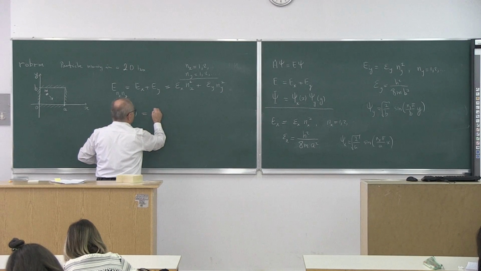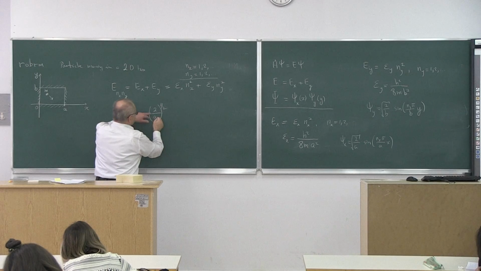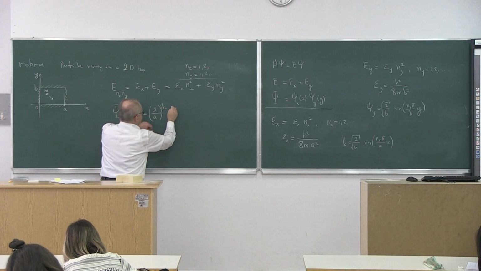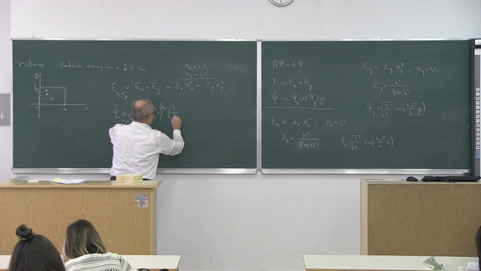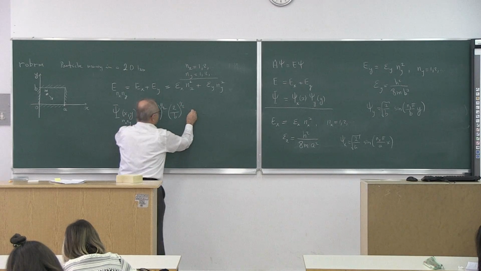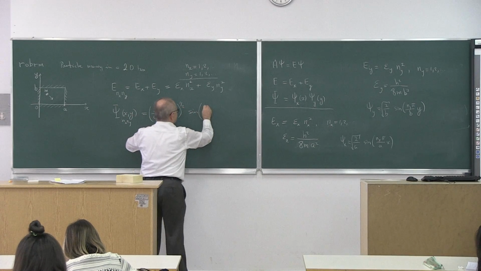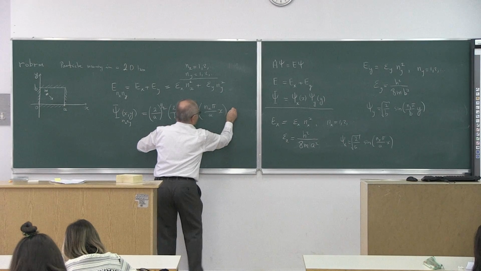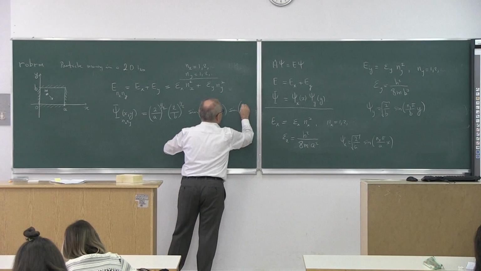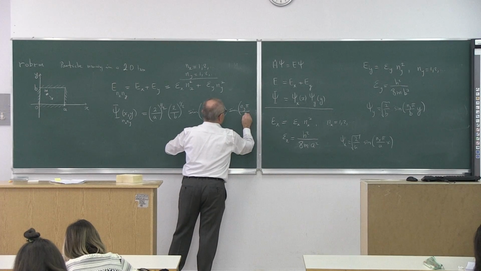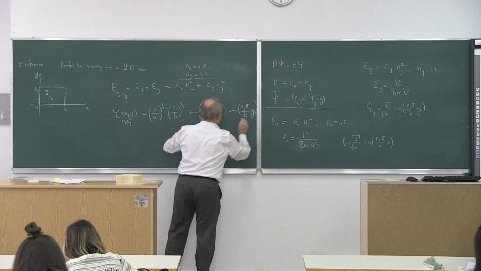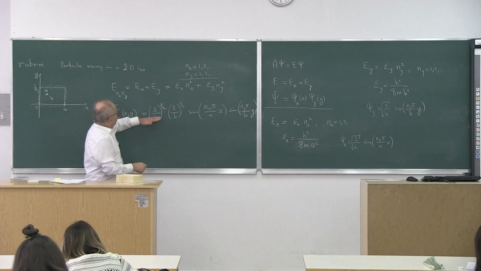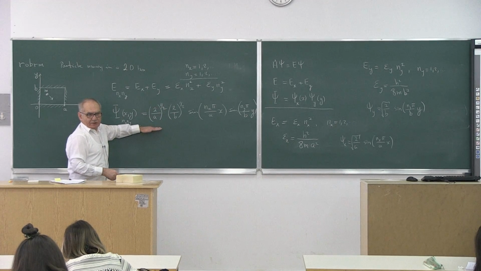Explicitly, this is 2 over a. These are normalization factors. These are our general results.